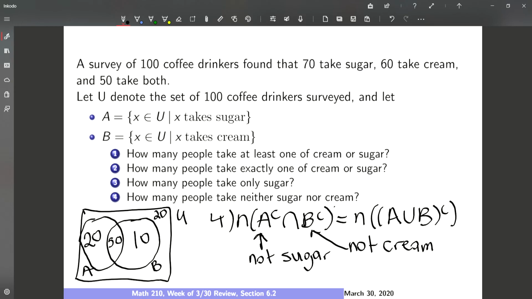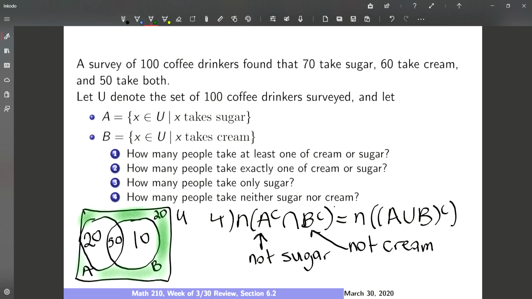So we're trying to find the complement of A or B and then count the number of elements in that set. So we come over here, and A or B, we know what that looks like. What is the complement of A or B? It's everything in U but not in A or B, which is everything that lies outside these two circles over here.